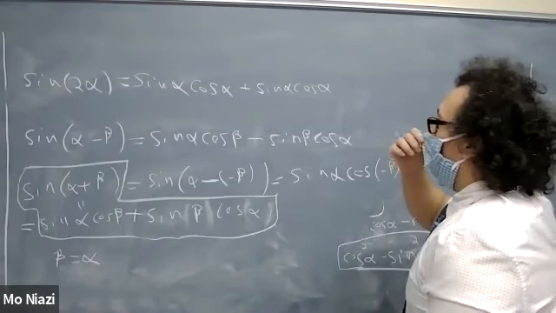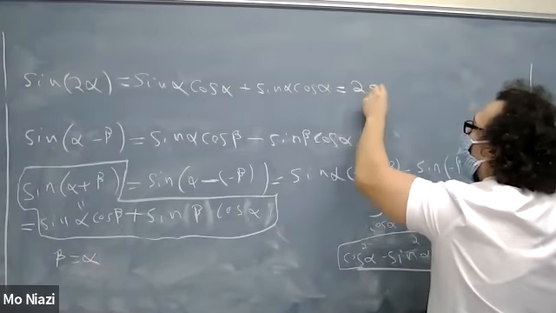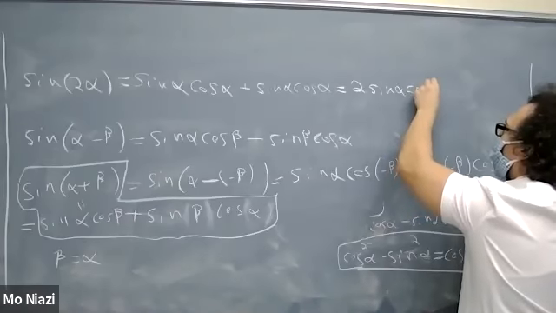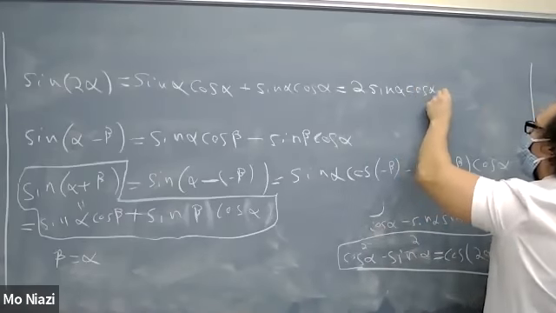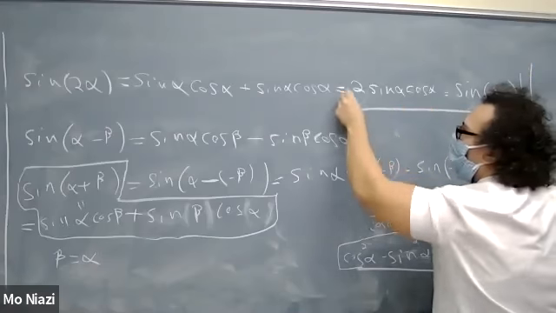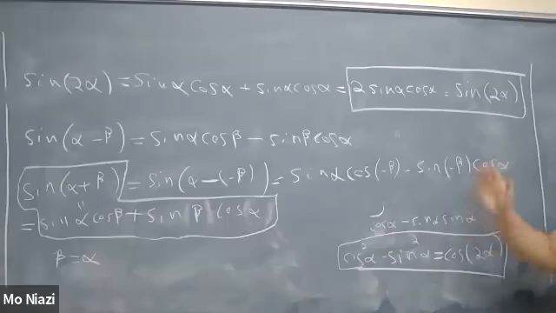Notice that that's the same thing added to itself. So it's 2 sine alpha cosine alpha, which is equal to what the sine of a double alpha is. You can just take what is in this box as given, but that's how you derive it.